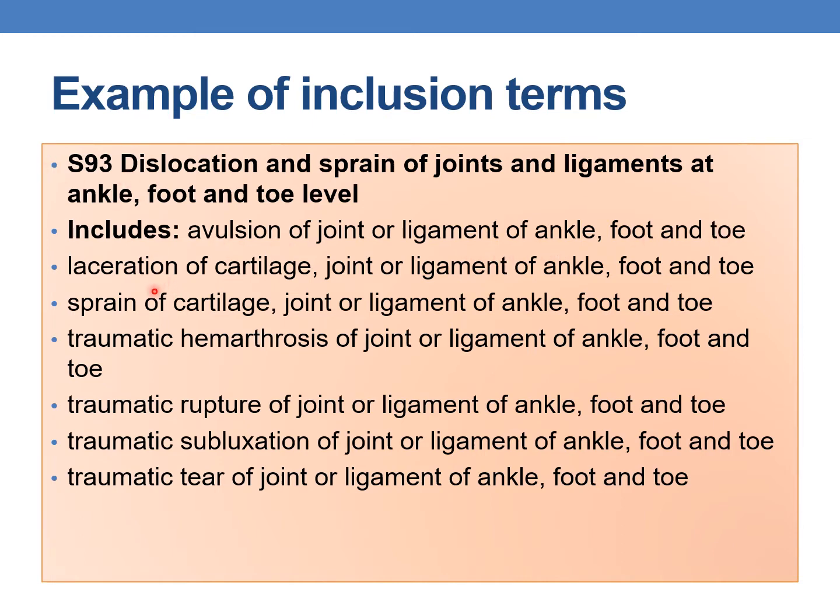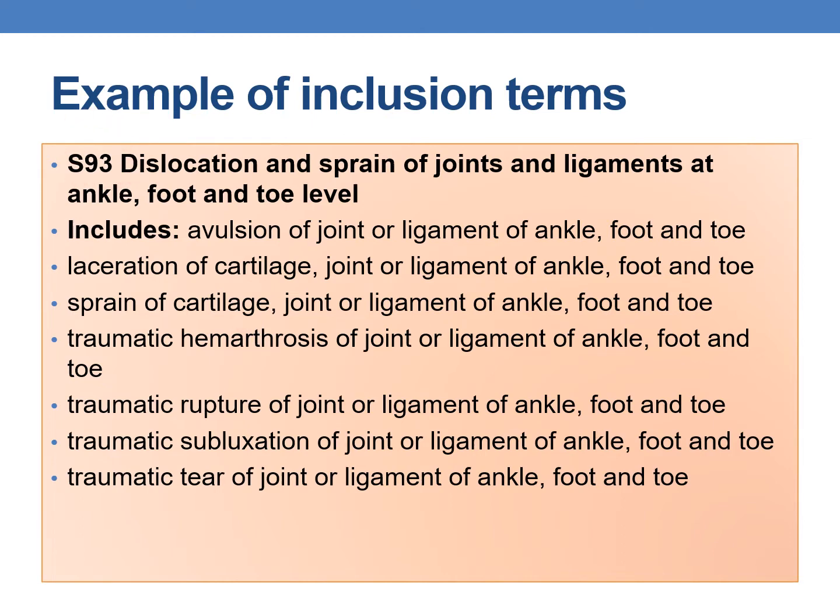Similarly, laceration, sprain, traumatic hemarthrosis, traumatic rupture of joint, traumatic subluxation and traumatic tear. In all these cases, you need to code only S93. These are nothing but all the scenarios or all the terms for which only this code can be used.